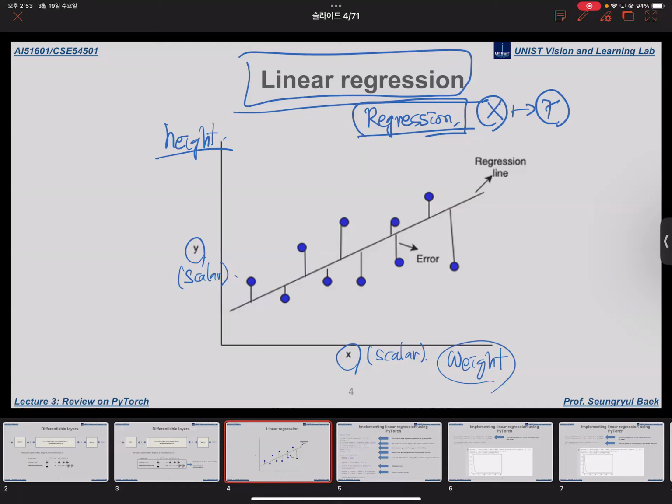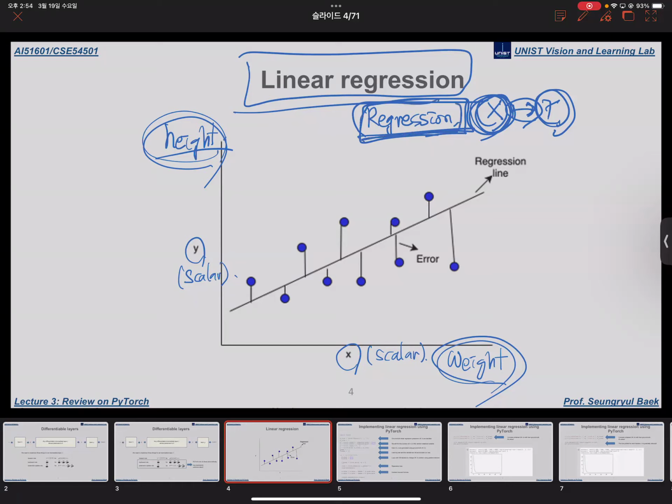Weight and height have some linear relationship. So when we know some person's weight, we can estimate his height. So there is some linear relationship between X and Y in this situation. So in the regression task, our aim is, when we know their weight, to somehow estimate their height. Okay, that's the linear regression algorithm.